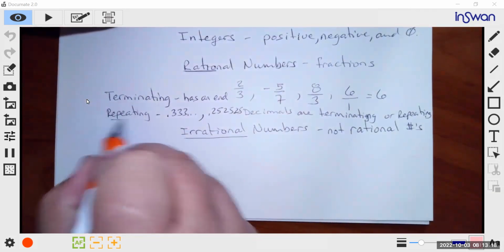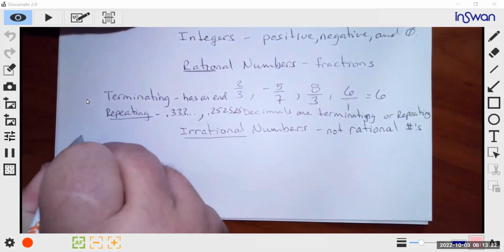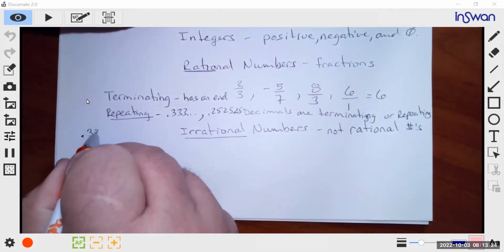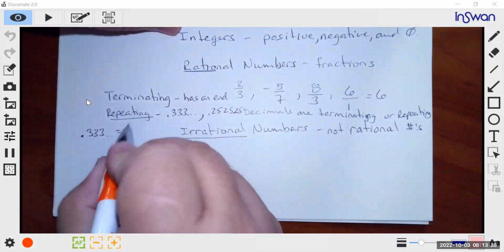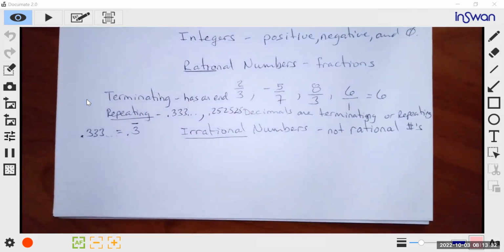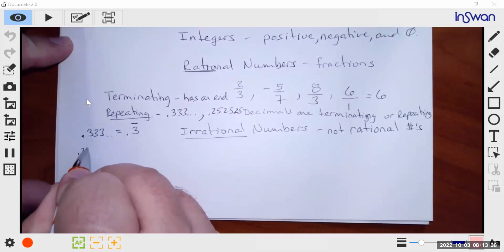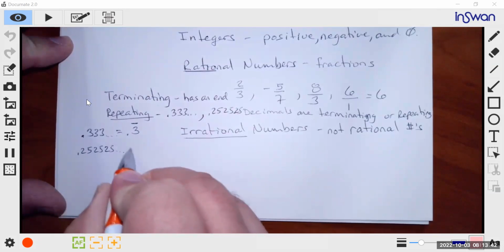If the pattern is repeating, for example if we had 0.333 and so on forever, instead of writing all that, we would simply write 0.3 with a bar over it. That bar represents that the number is repeated infinitely. 0.25, 25, 25, and so on.